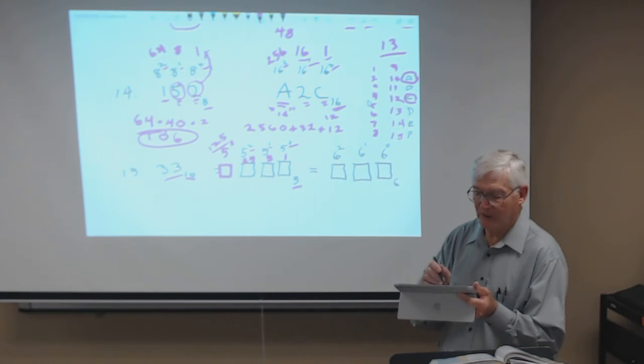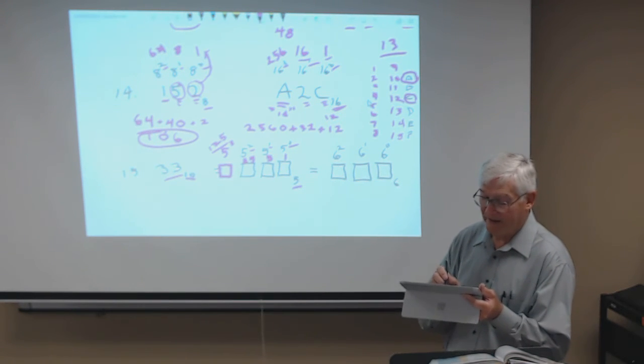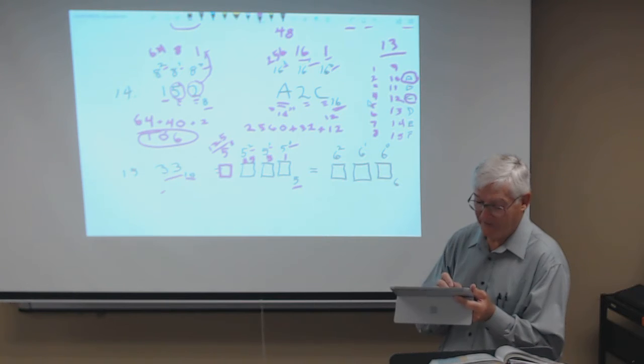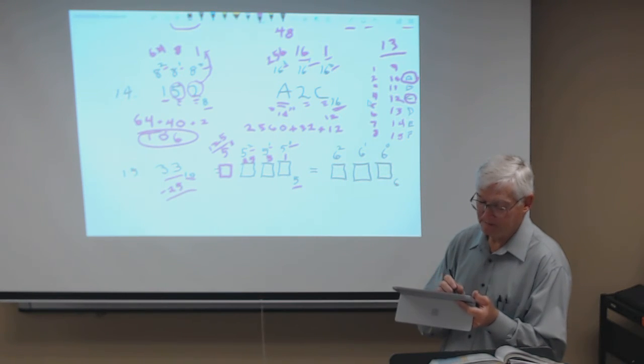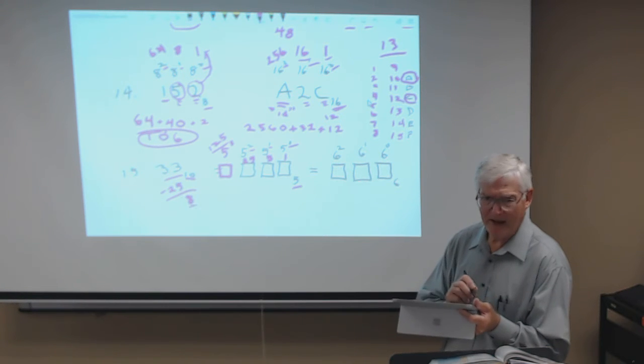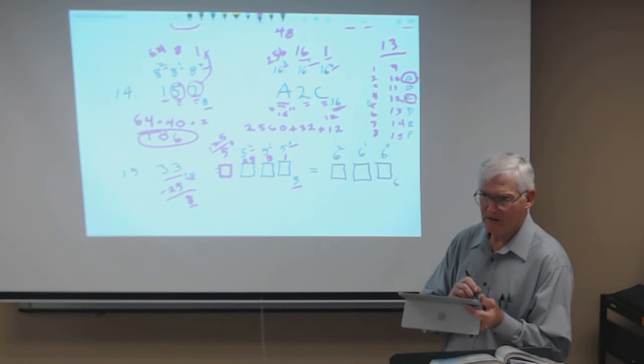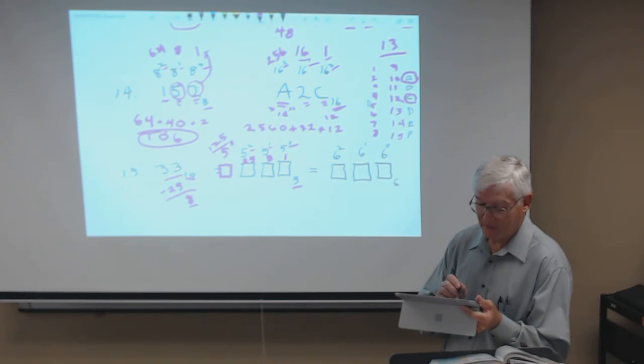So I don't have any 125s in 33. So I subtract 25. And I'm left with what? 8, right? 33 minus 25 is 8.